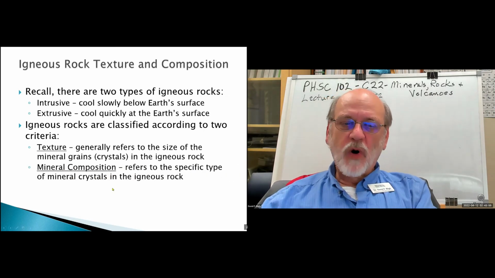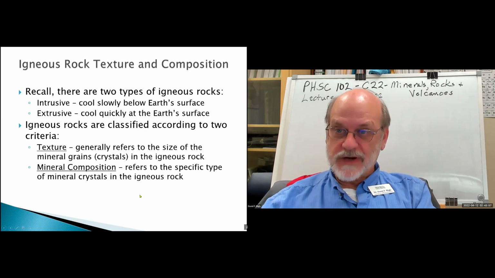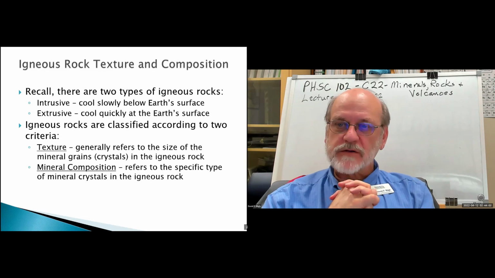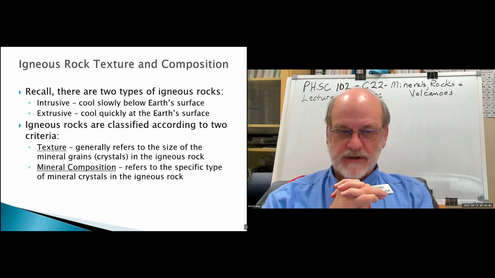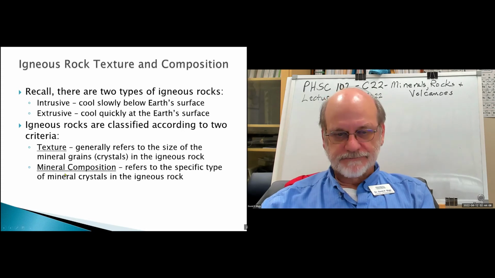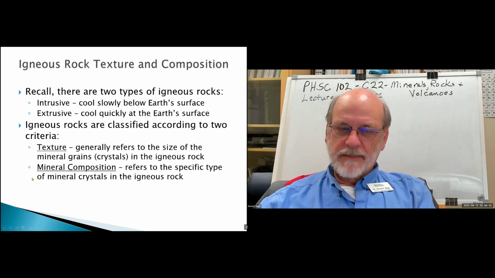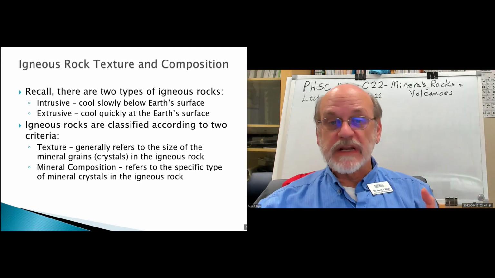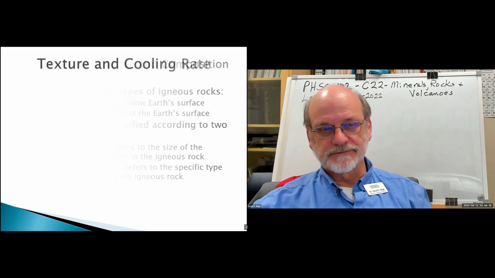And then what are the specific minerals that are in the igneous rock? As we said earlier, most rocks are a conglomerate of several minerals. So these two give us the lion's share of information that we need to classify an igneous rock.